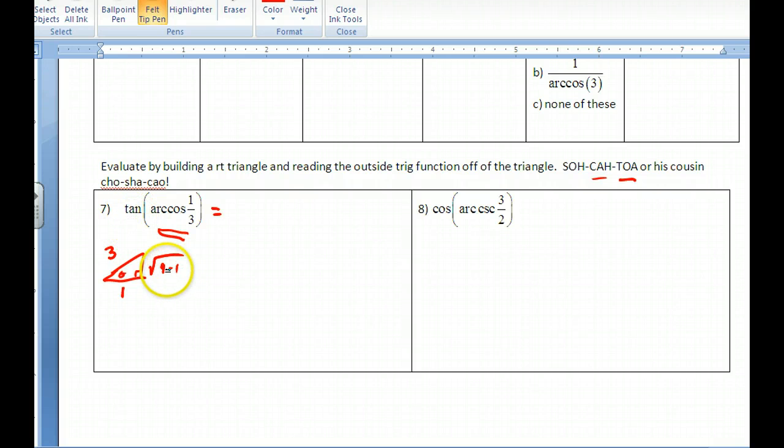It's going to be the opposite of the angle measurement, which is square root of 8, divided by the adjacent, which is 1. So this would be 2 square root of 2, which is the same thing as square root of 8. So use the inside of the parentheses to build the triangle, and then the outside to read.